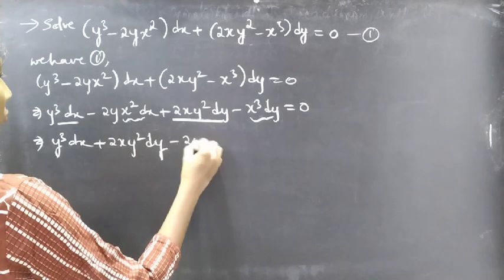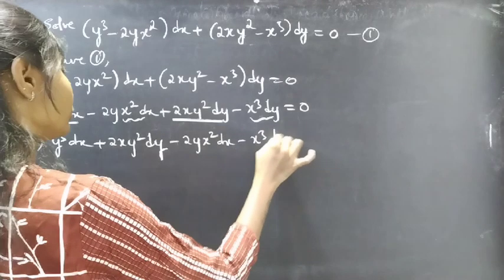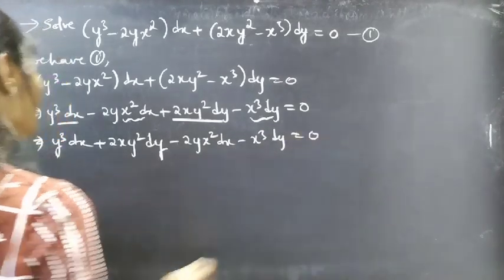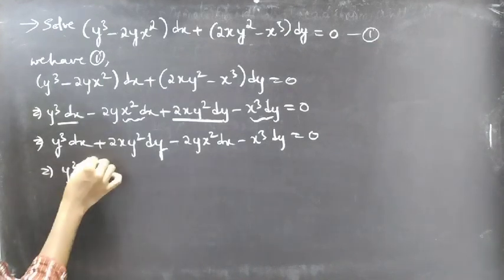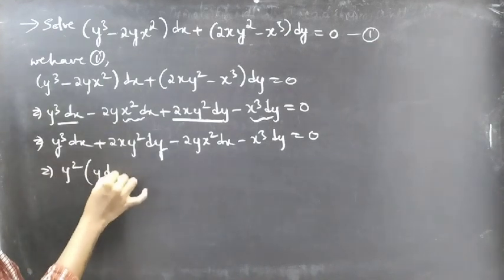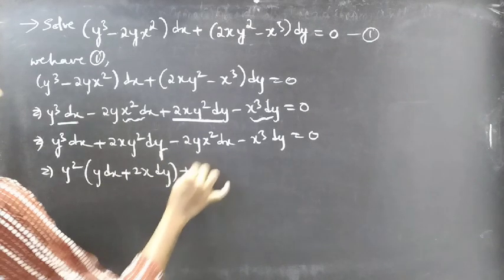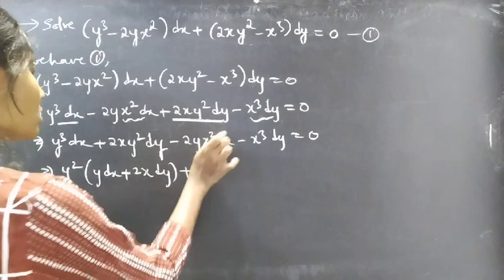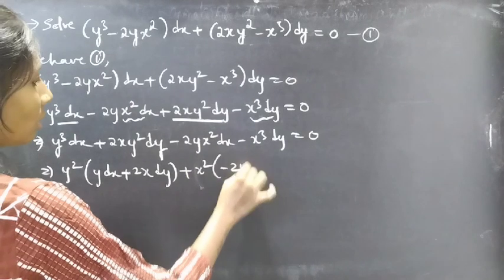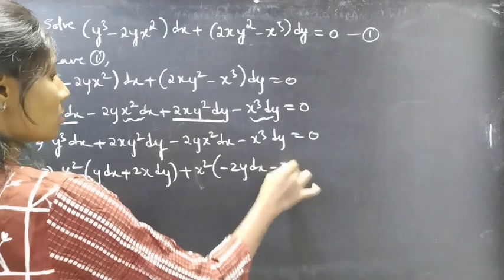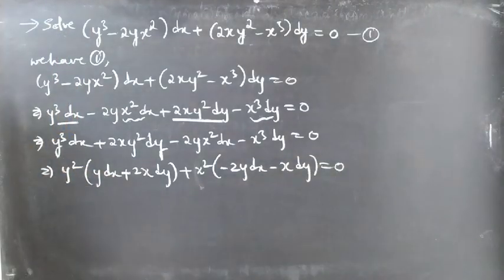I'll write the second term first and then the last term. Now we can take y square common from the first two terms. We'll get y square times (y dx plus 2x dy), plus take x square common from the next two terms. We'll get x square times (minus 2y dx minus x dy) equal to 0.